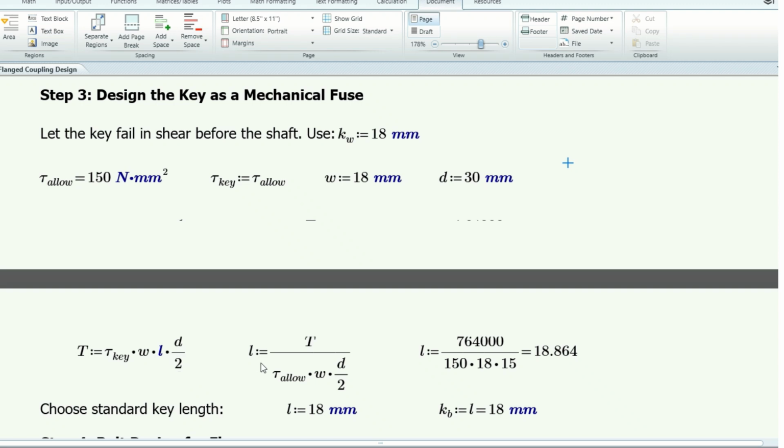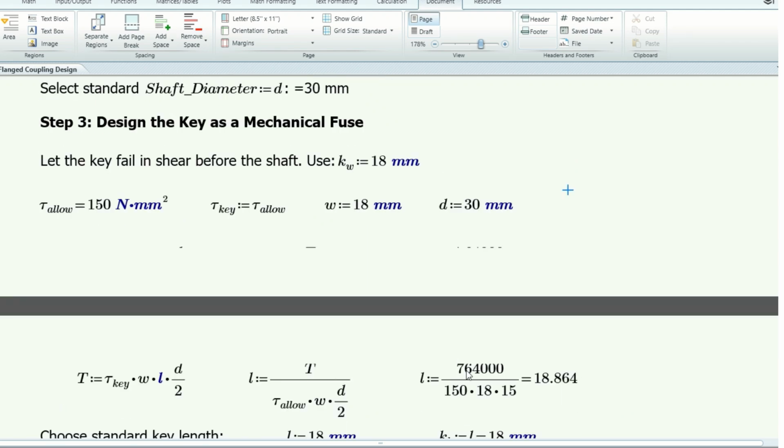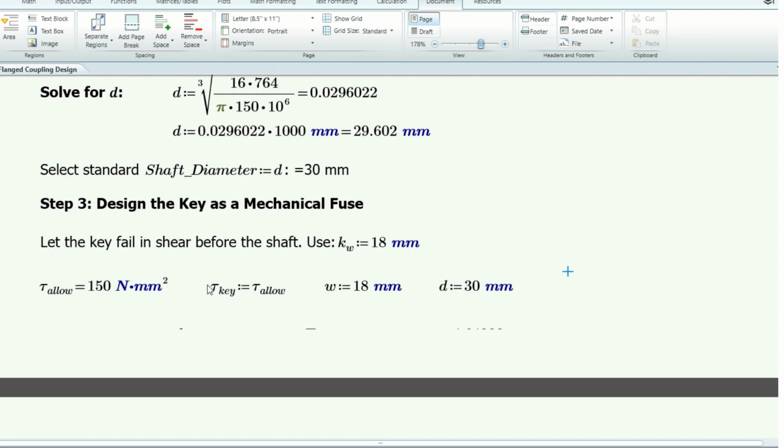So you rearrange the equation for solving for L. L is equal to T divided by tau allow times W times d by 2. T is now in Newton meter, right? So I'm going to convert it into Newton mm, Newton times millimeter.